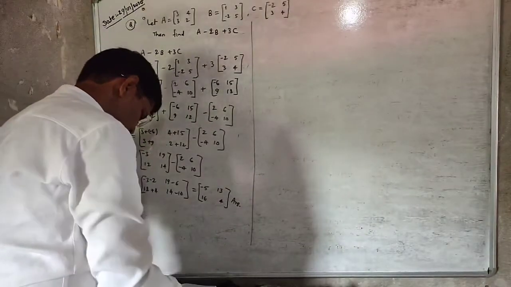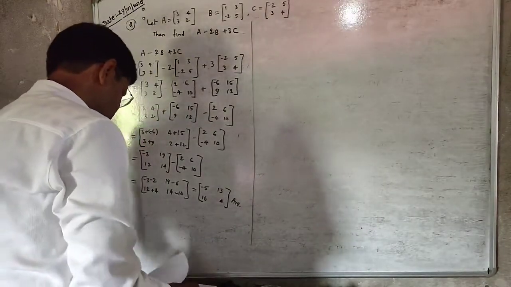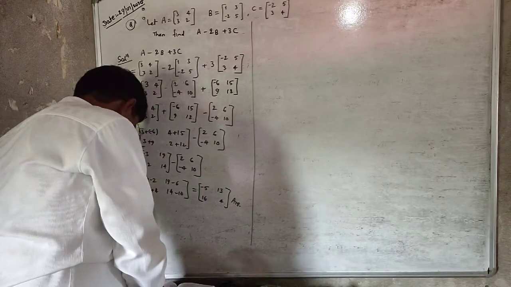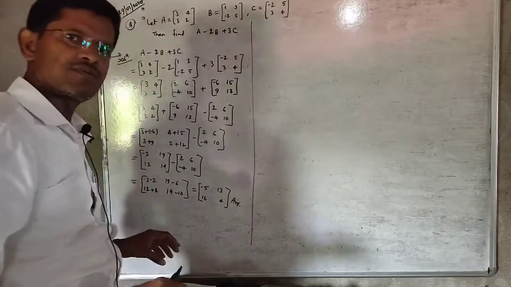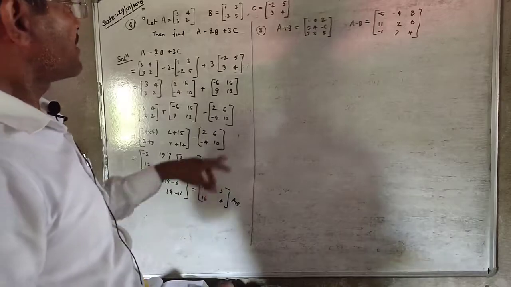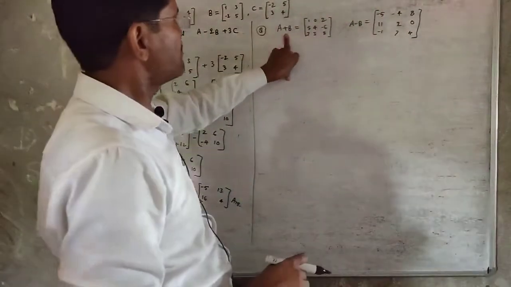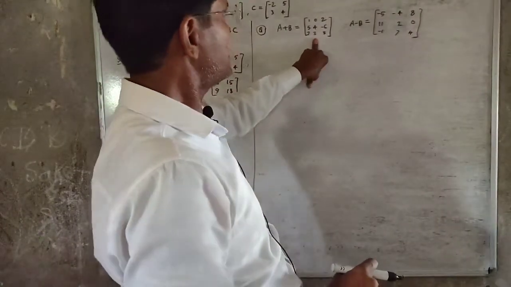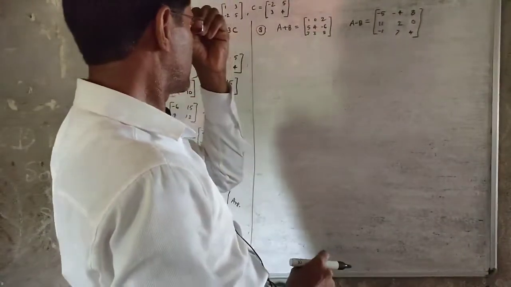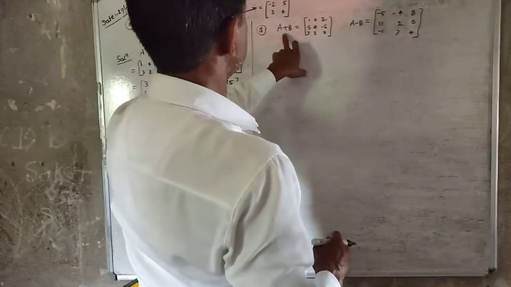Now we discuss another problem. The next problem is given that the sum of two matrices A and B, A plus B, and A minus B are given.